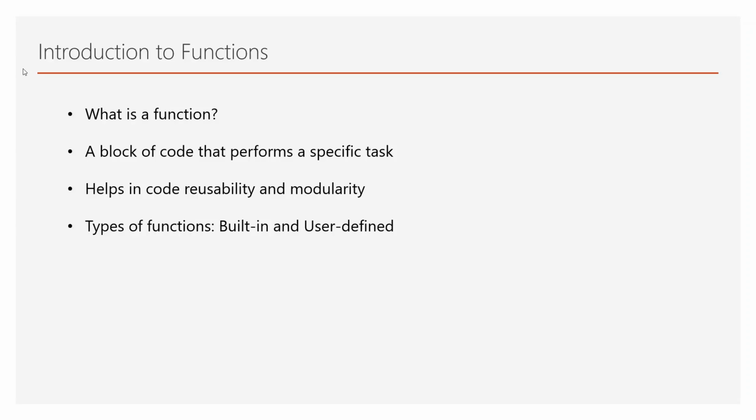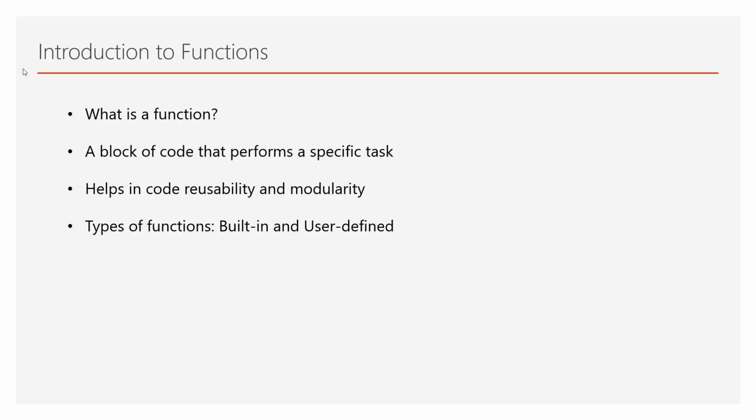You have built-in functions and you have user-defined functions. Built-in functions are ones which are already created by somebody in Python, and we are simply using them directly. User-defined functions are the ones which we will be creating. The user will create them by giving their own name, and the functionality also will be written by the user itself.